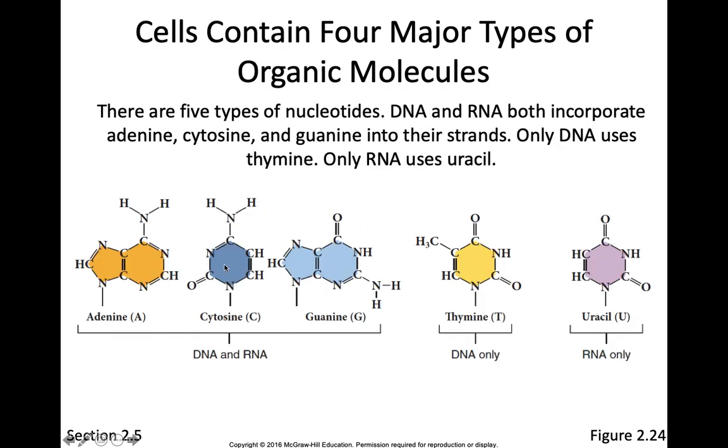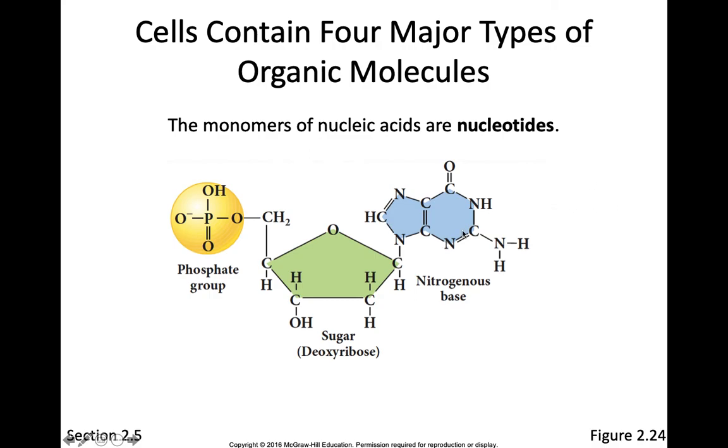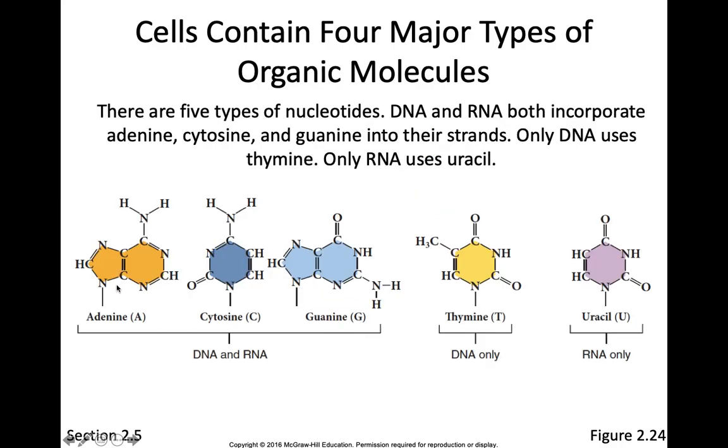So DNA can have one of four different types of nitrogenous bases. There are five of them in total. DNA can have four of them, and RNA can have four of them. So DNA can have adenine, cytosine, guanine, and thymine. A, T, G, and C. RNA, on the other hand, can have A, G, C, and U. No thymine.